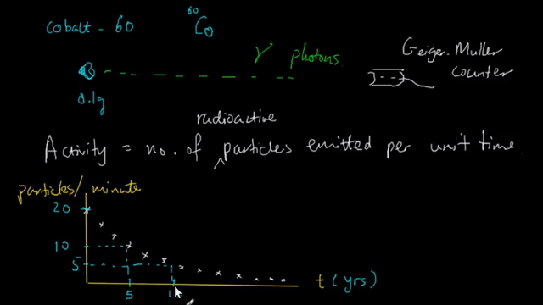Okay, and after another 5 years, it will come down by half again. So it has this very special behavior. Each time after the same period of time, it comes down by half.